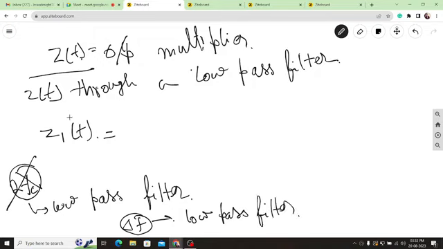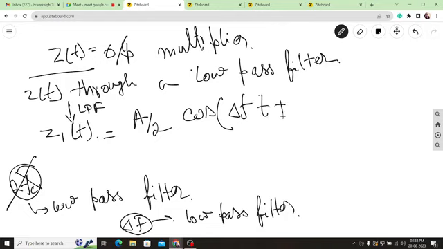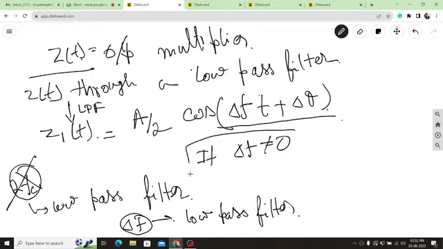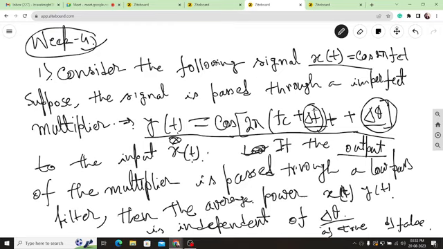So the signal after LPF will be A by 2 cos (del f t plus del theta), right? So if now del f is not equal to 0, that means there is some imperfection in terms of frequency also, as this del f term.